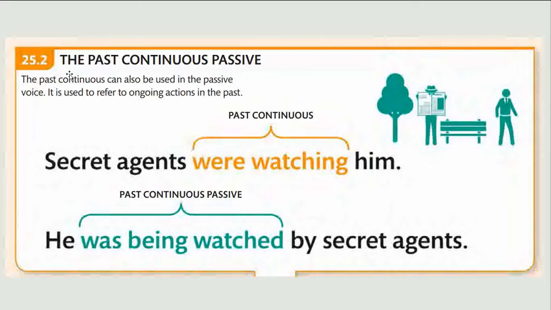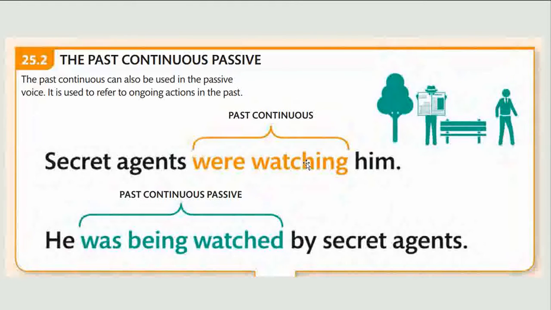The next construction is past continuous passive. Past continuous can also be used in the passive voice. It is used to refer to ongoing actions in the past. For example, the sentence before us is: secret agents were watching him.